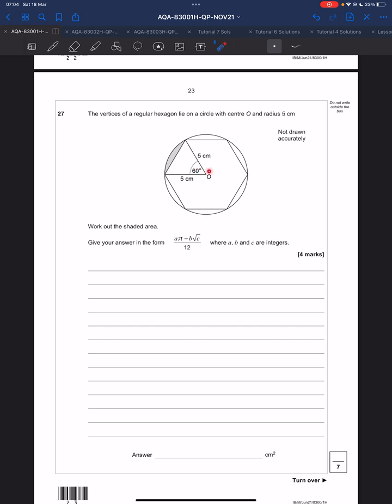So all these angles, if we draw in all these other angles and share this out, they'd all be 60 degrees. Because these sides are the same, 5 and 5, we've got lots of equilateral triangles here. So that's a 60, that's a 60, and that's 5 centimetres as well.